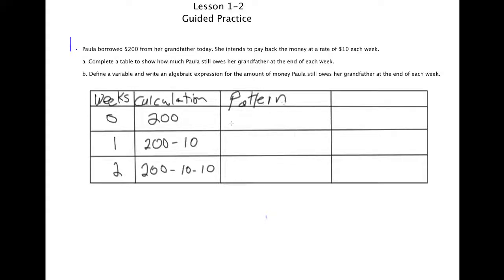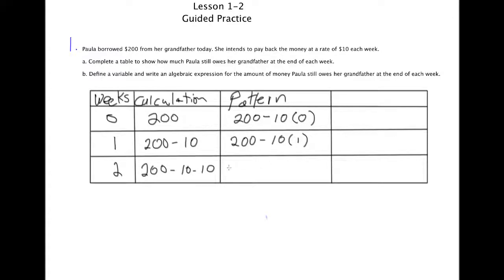So what's the pattern to it? This is 200 that she borrowed, and she's paying minus 10 per week. And how many weeks was this? This was week 0. So 0 times 10 is 0, so it's just 200. This is the first week, so 200 minus 10 times 1.